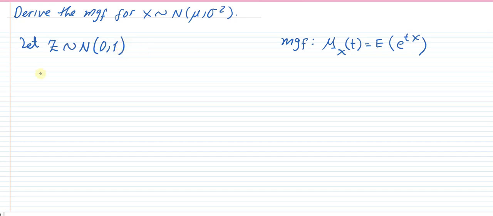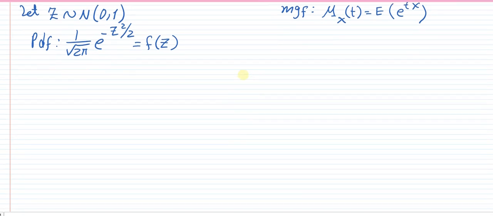We remember the PDF, the density function of the standard normal distribution, is given by 1 over square root of 2 pi e to negative z squared over 2. We're going to call that f of z, the probability density function of a standard normal distribution.